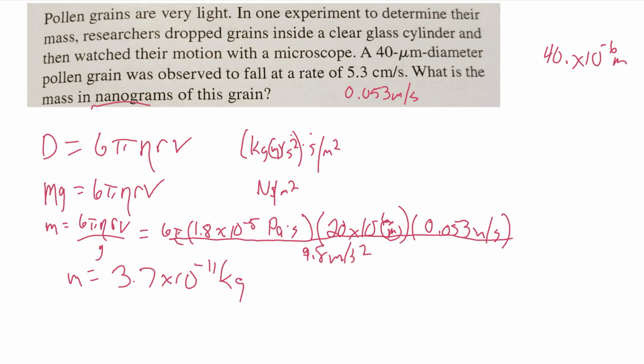Now they wanted nanograms, and we said that nanograms was times 10 to the negative 9th. So would it just be 10 to the negative second? If I move this 2 decimal places, 1 would give me 10 to the negative 10th, 2 would give me 10 to the negative 9th.